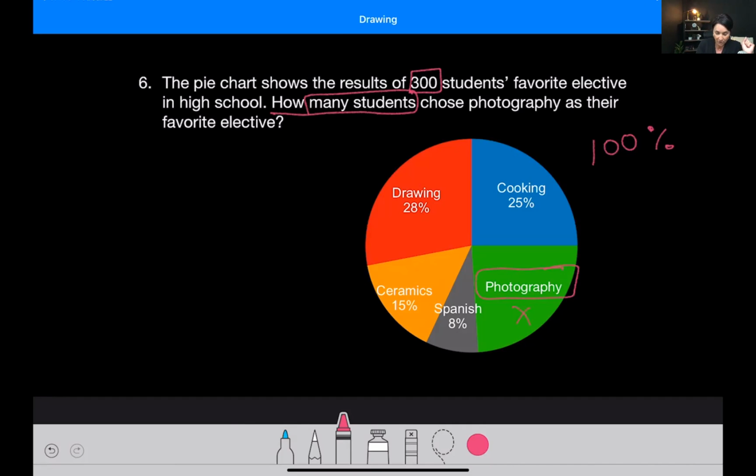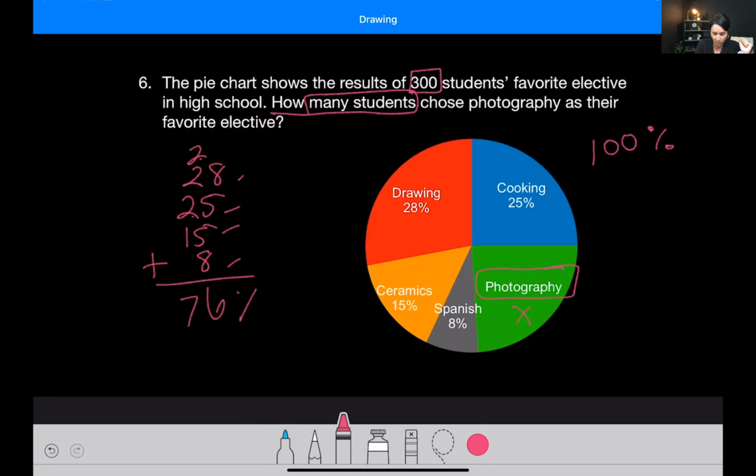And if I have 28% drawing, 25% cooking, 15% ceramics, and 8% Spanish, all I have to do is add these up and subtract them from 100% to figure out who likes photography. So I have 5 plus 5 is 10 plus 16 because 8 plus 8 is 16. And I get 26. And then I have 2, 4, 6 plus 1 is 7.